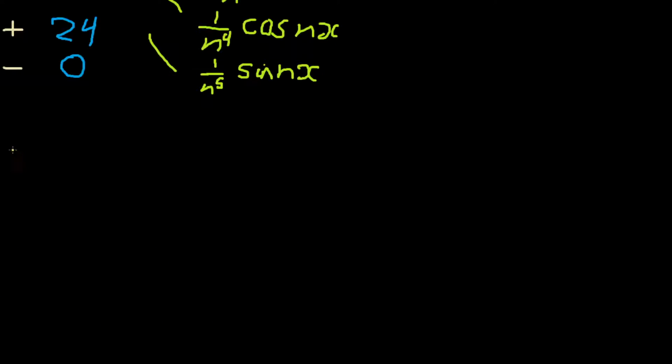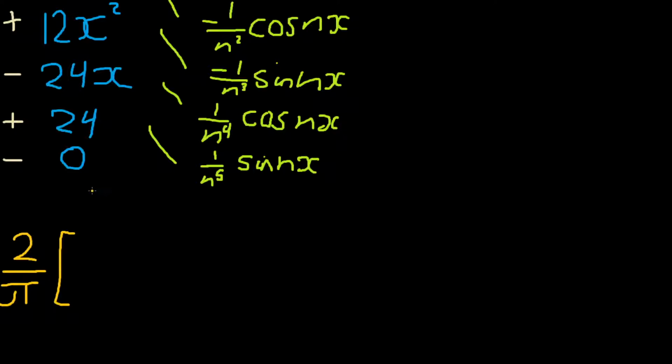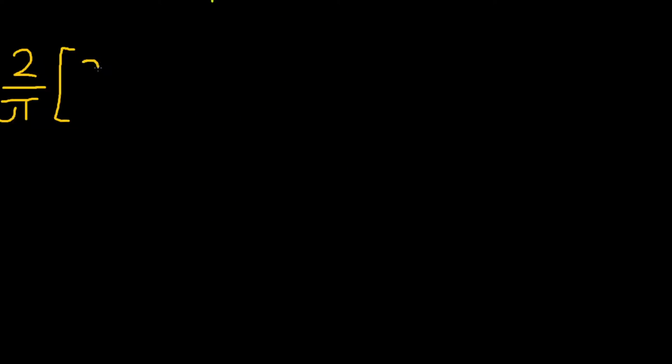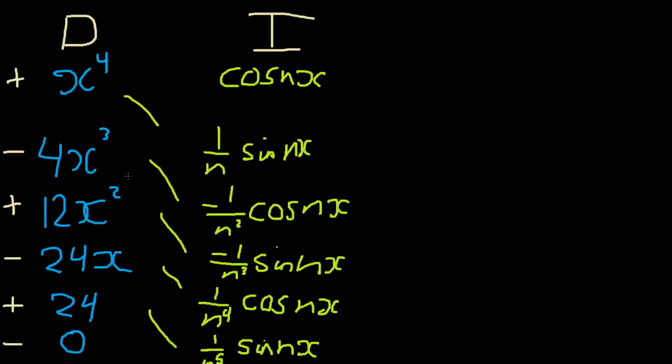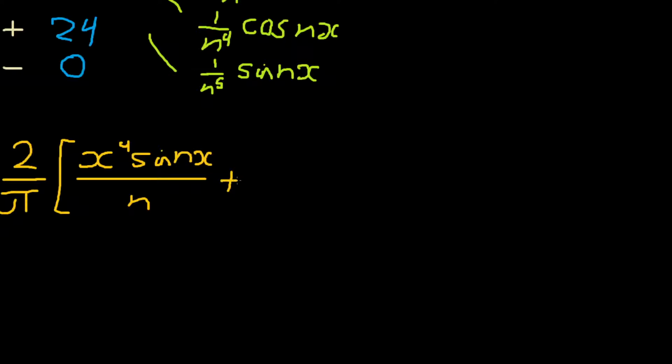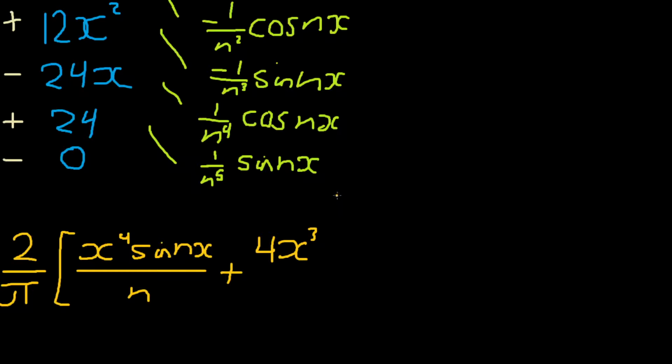Remember the constant is just 2 over pi, square brackets, x to the 4th, then sine nx over n, minus minus, that's just positive, plus 4x cubed cosine of nx over n squared.